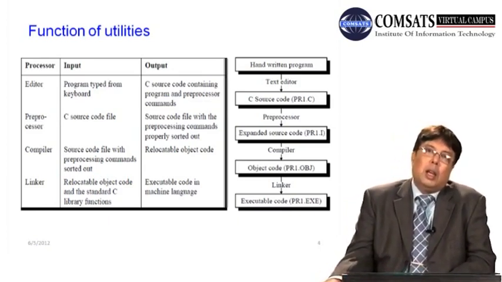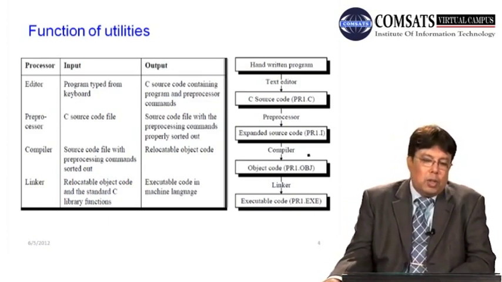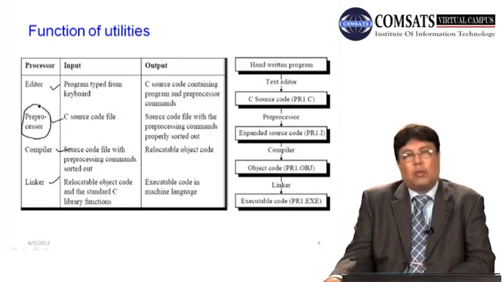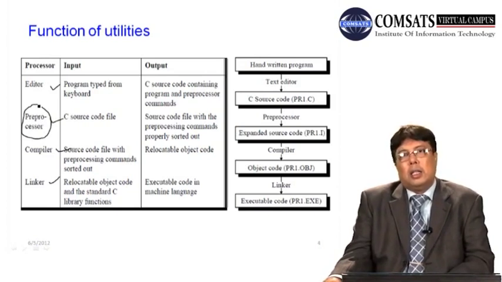So these were the functions performed by the different utilities: the editor, the preprocessor, the compiler, and the linker. Now let us concentrate on the preprocessor. What are the directives and what are the commands of the preprocessor? That is the topic of today.